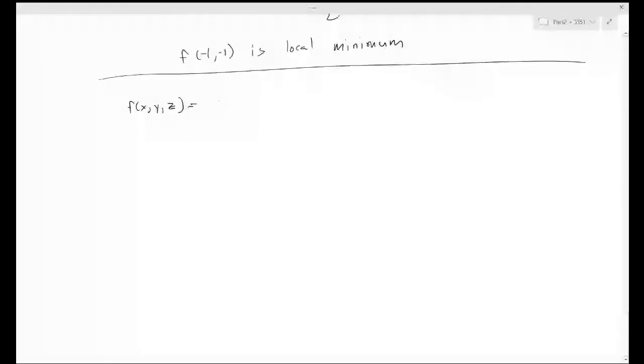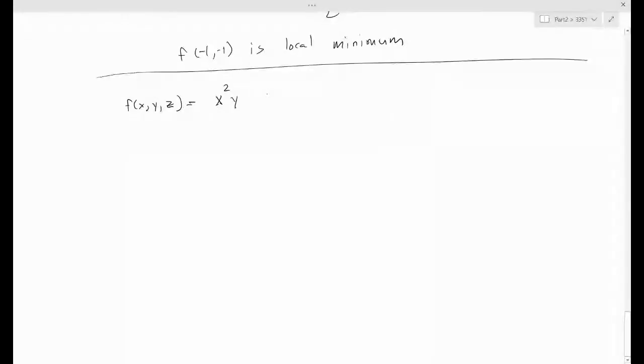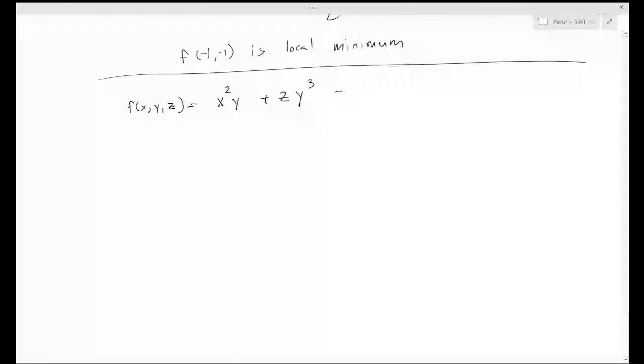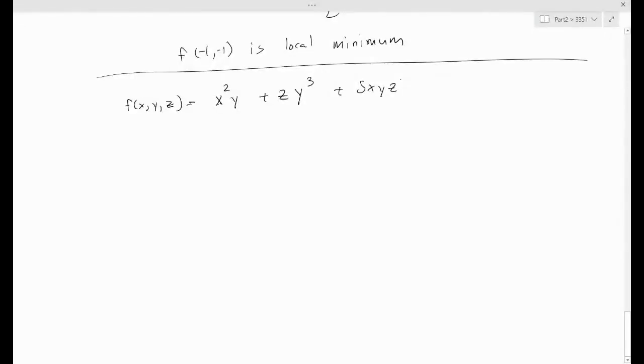So how would you find the Hessian for this matrix?